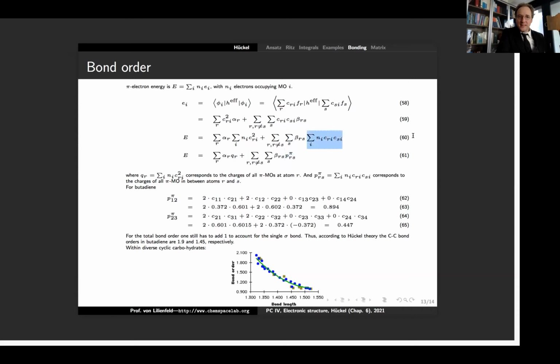In equation 60. And equation 62 is basically writing out the sum for ethylene for the first bond, for the 1,2 bond. Does that make sense? Yeah, that's why only 1, 2 are non-zero. Exactly. Okay, and this. Okay, I think that makes sense.